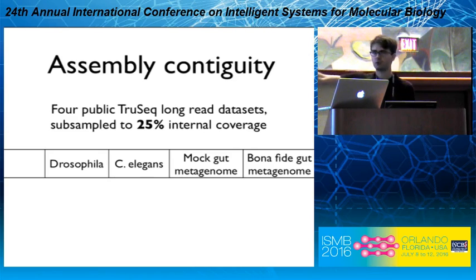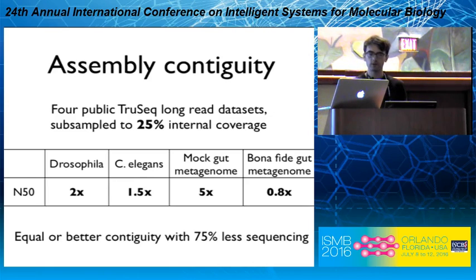The mock gut metagenome is a standard benchmark, which contains 20 species whose genomes we know, and they're mixed in proportions that we know in advance. The second data set is a real gut metagenome from a human subject. Again, there's publicly available data on the TrueSeq platform for this. We took this data and we basically threw away 75% of it and measured the results.